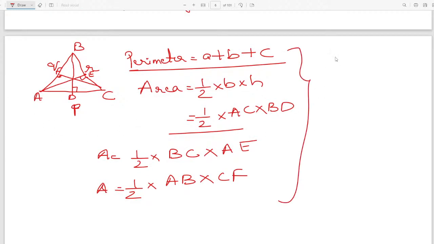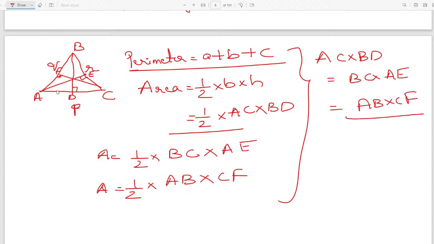That is why you can say that AC into BD would be equal to BC into AE, would be equal to AB into CF. So to calculate the area of the triangle, you can take any one side and the height of the perpendicular line from the opposite vertex. So this is the area of a triangle.